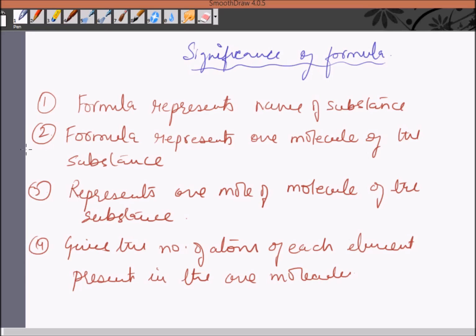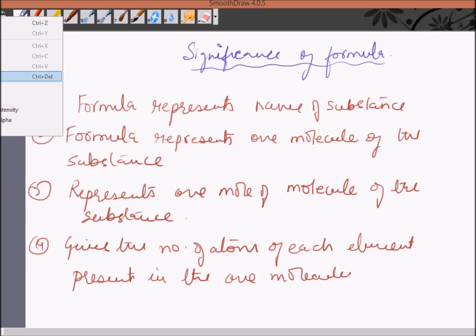As I have given you the definition of molecular mass or the molecular weight, we also have gram atomic mass and gram molecular mass, which is actually very important to know when we are talking about the empirical formula and molecular formula. So what are these? How do we calculate them?